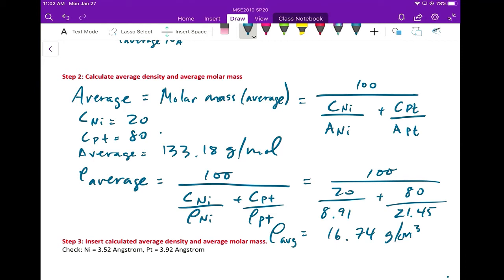Well, you have mostly platinum, and the density of platinum is 21.45 if it were just on its own as a single component. If you have mostly that, it should be somewhat closer to that number, right? Just intuitively speaking. 16.74 is a little closer to 21.45. So already just having that sort of sense of a physical sanity check, does this make sense before I go on?